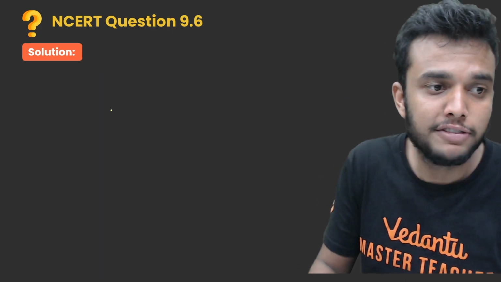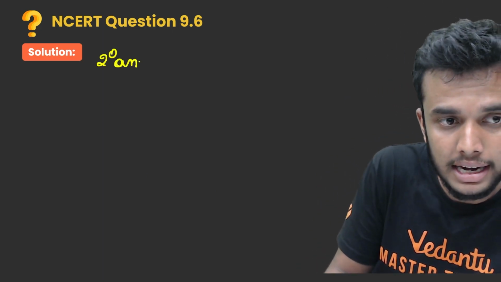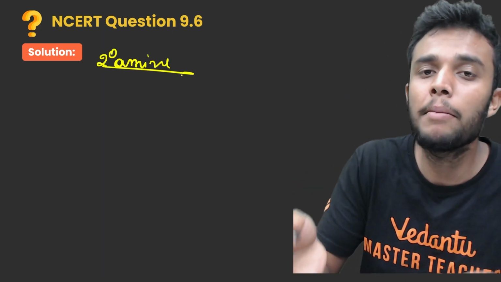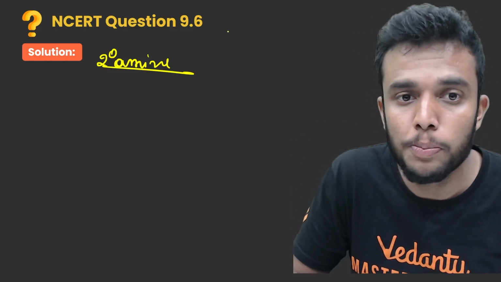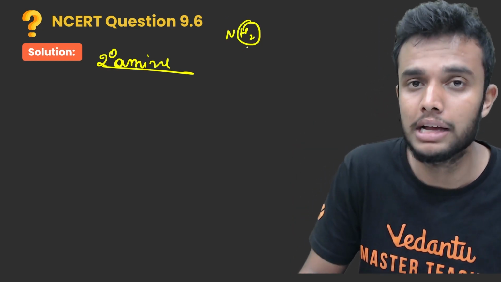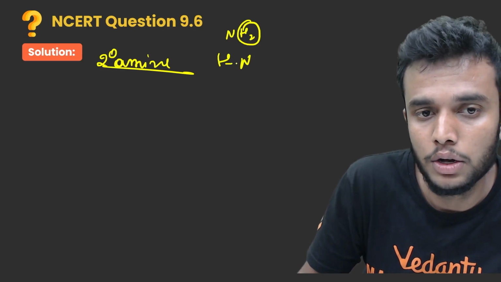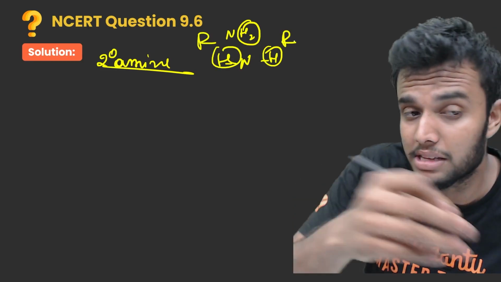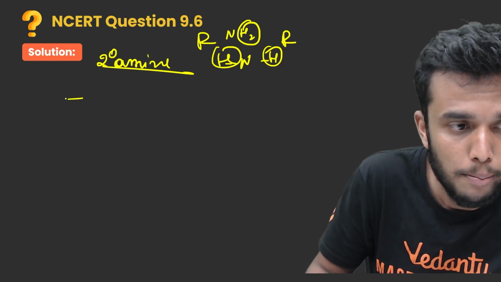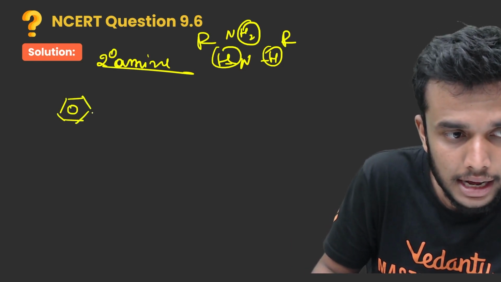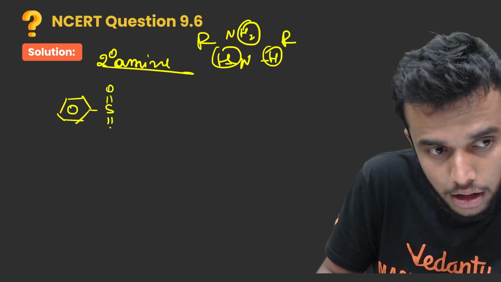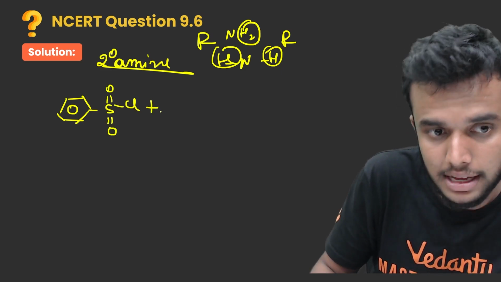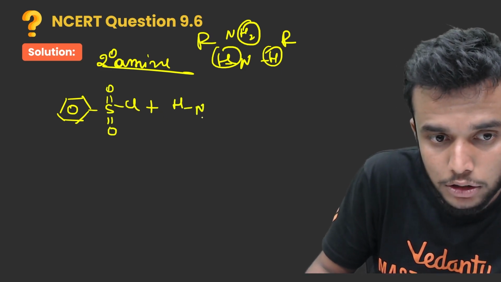Let's take an example of a secondary amine compound. A secondary amine is one where, instead of the NH2 group, two hydrogens are replaced by different R groups. For example, benzene sulfonyl chloride reagent plus any example, students. Here one hydrogen is there.